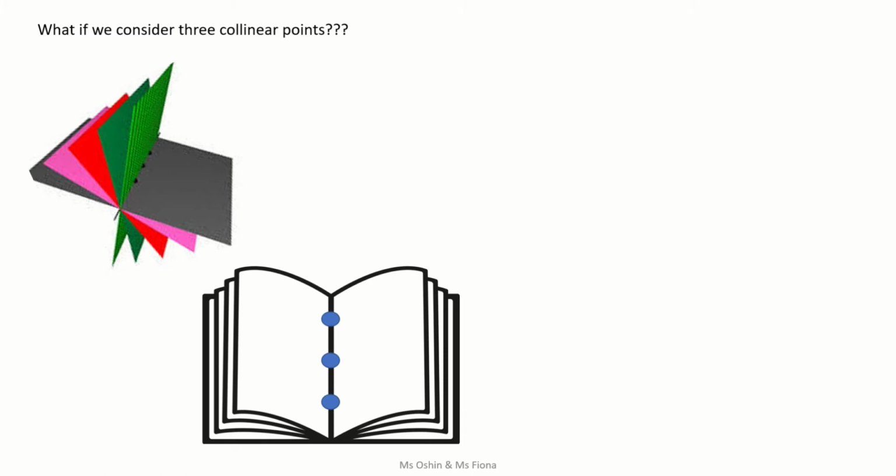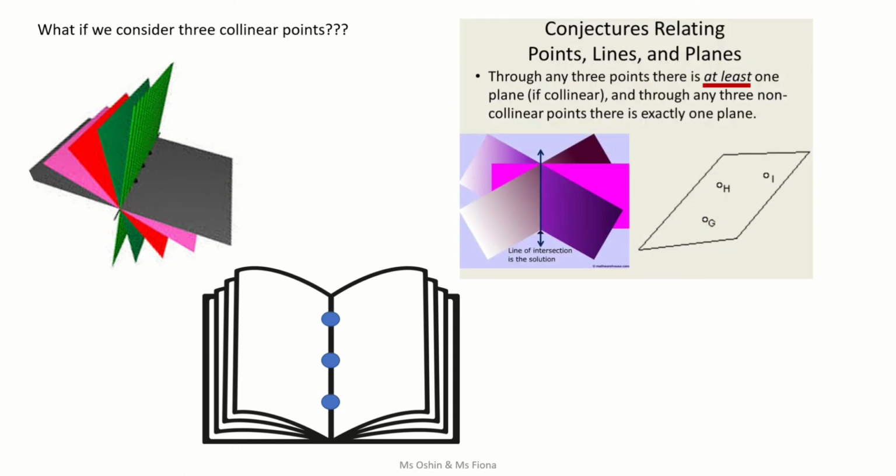Hence, the planes that we obtain here are not unique. So, in order to get a unique plane, we have to consider 3 non-collinear points. And therefore, we can say, through any 3 collinear points, there is at least one plane, and through any 3 non-collinear points, there will be exactly one plane.